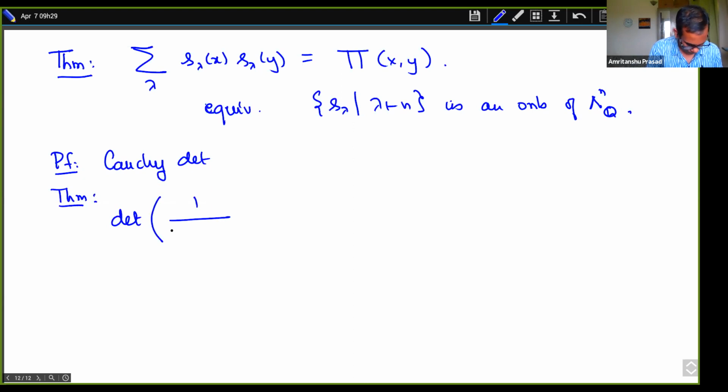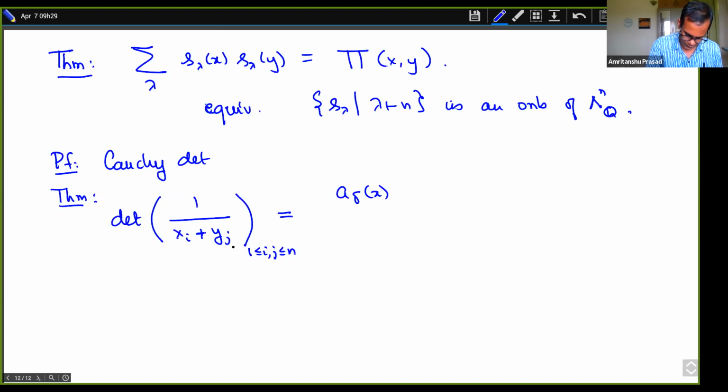The determinant of 1 over x_i plus y_j is equal to a delta x, so this is the Vandermonde in the variables x. Maybe I should be a little careful here. I can't really do this with infinitely many variables. So let's fix some n and take n variables of type x and n variables of type y.